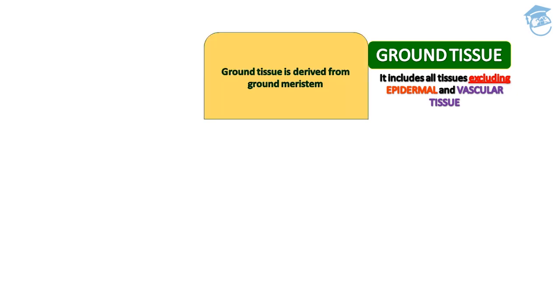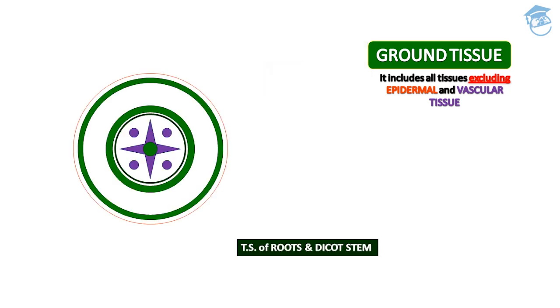Then comes another tissue, and that is ground tissue. It includes all tissue except epidermal and vascular tissue. Ground tissue is derived from ground meristem. This is the transverse section of root and dicot stem. This is the epidermis.